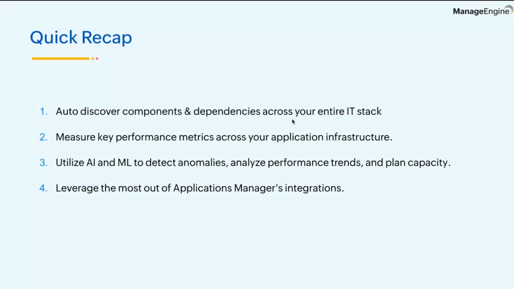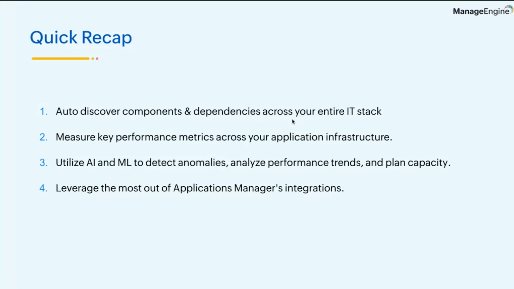Now, let me provide a quick recap of what we discussed today. We saw how auto discovery and dependency mapping will help you discover all the applications within your IT infrastructure and map the dependencies across the entire IT stack. We also saw the key performance metrics that you need to keep track of while monitoring your application servers, databases, as well as your servers.